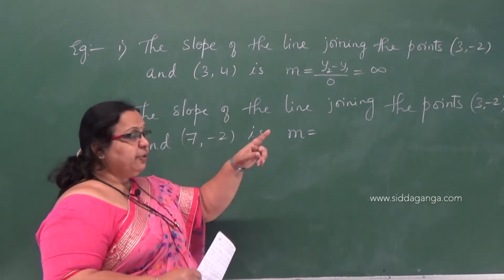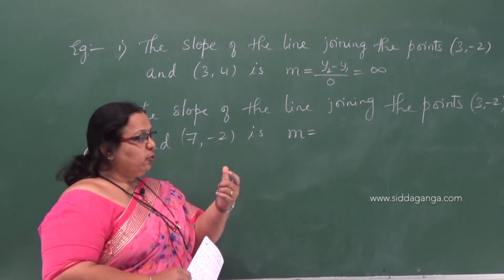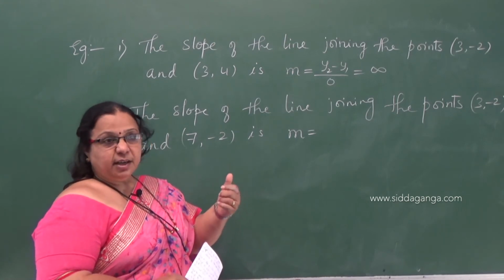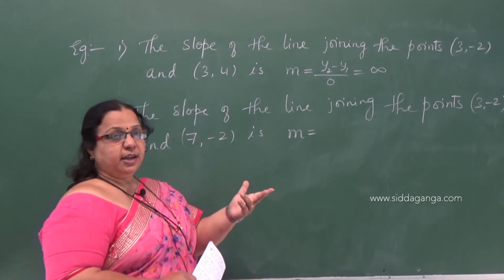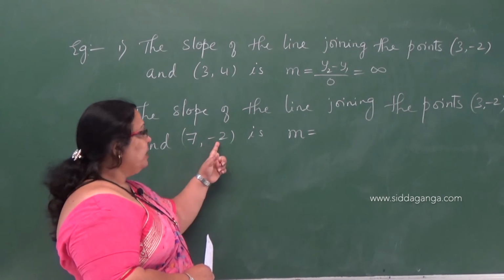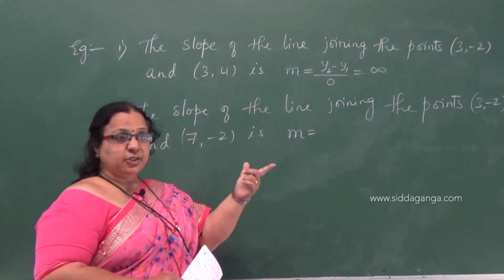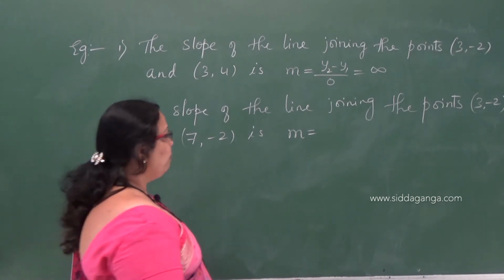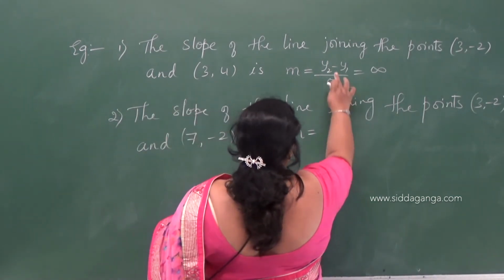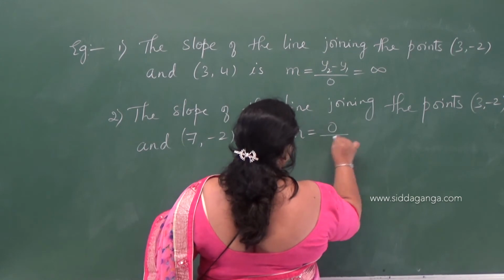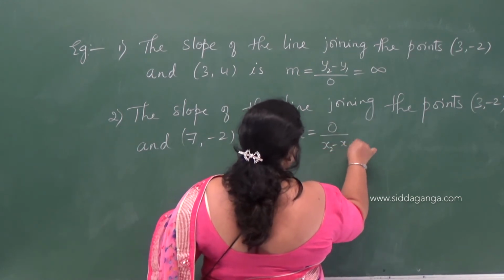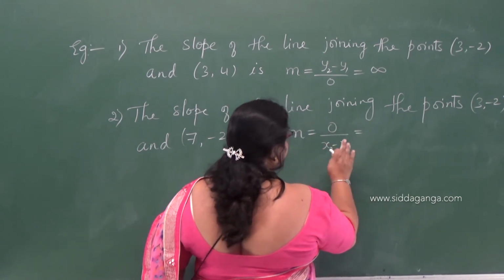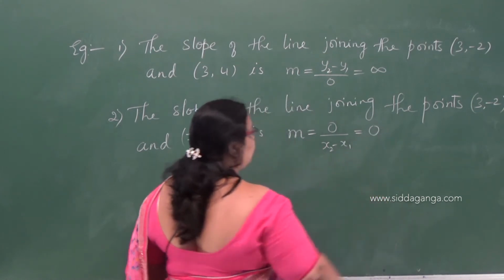When we take the difference between the 2 same values, minus 2 minus of minus 2, the numerator becomes 0 in this formula. The denominator is there, but since it is not necessary to substitute, m is equal to 0.